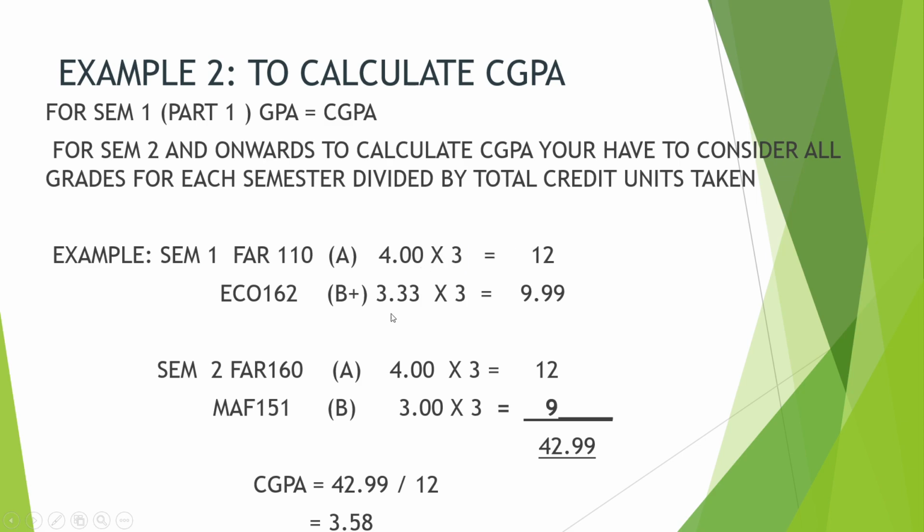So you get 12. For Eco 162, let's say you have a B plus. So your credit value is 9.99, that is 3.33 times 3 credit units.